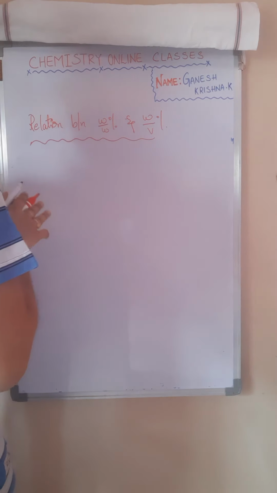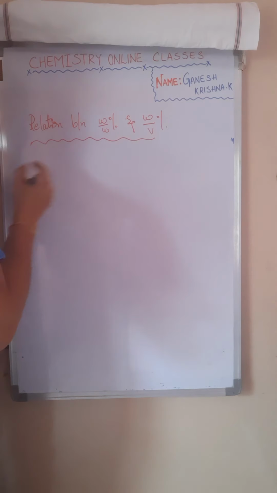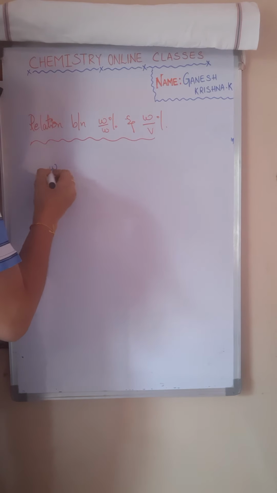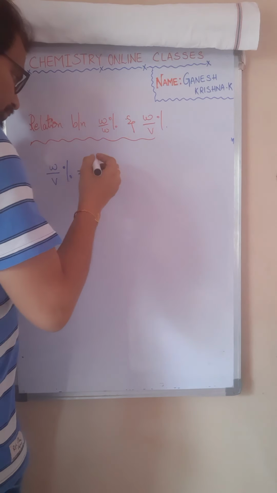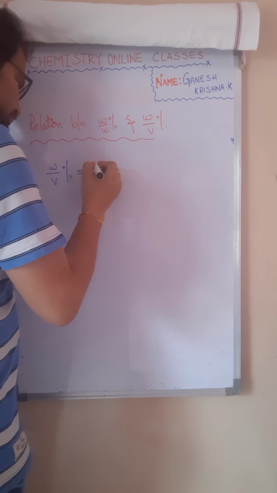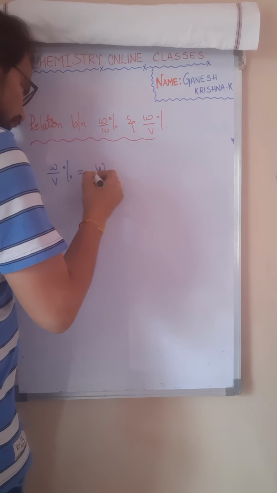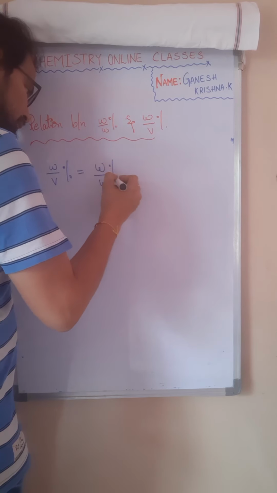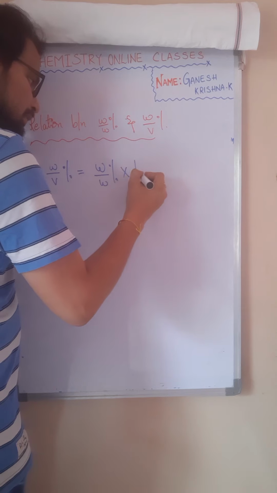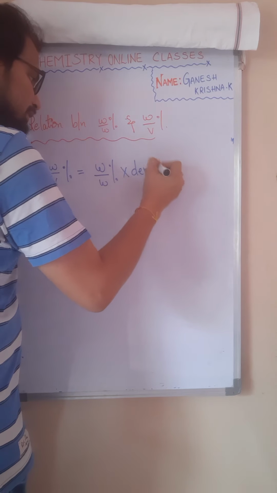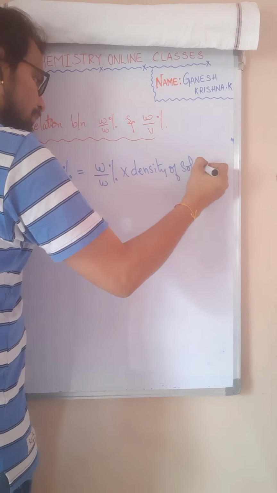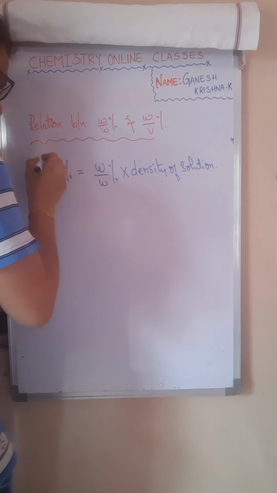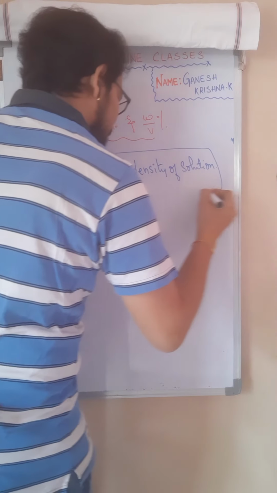What is the relation present between weight by weight percentage and weight by volume percentage? Here, weight by volume percentage is equal to weight by weight percentage into density of solution. This is the relation.